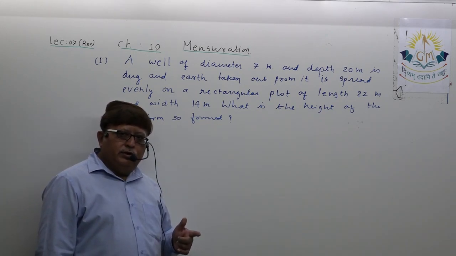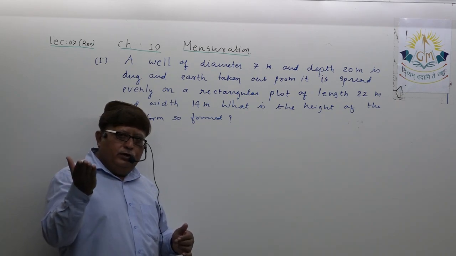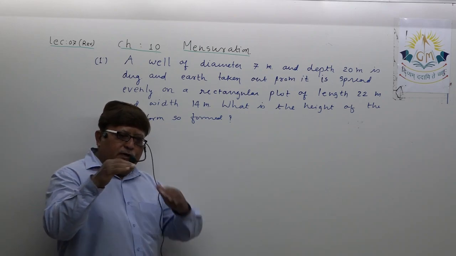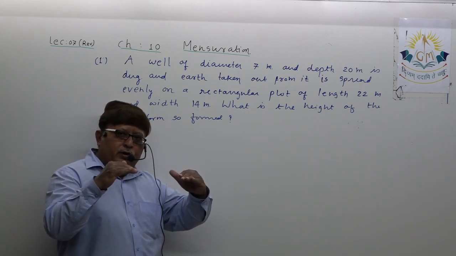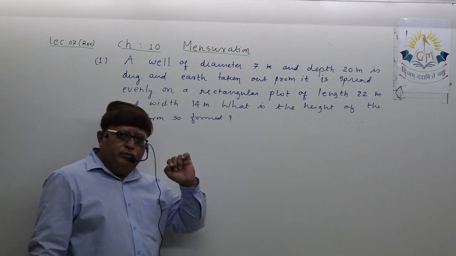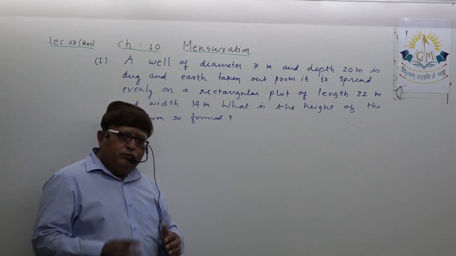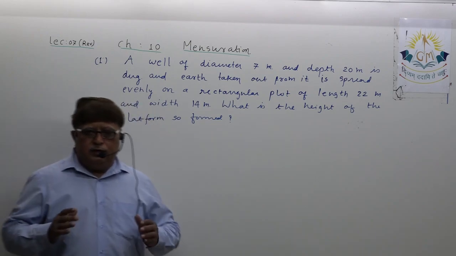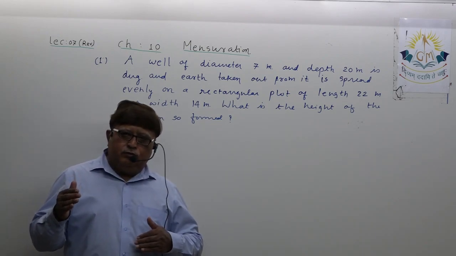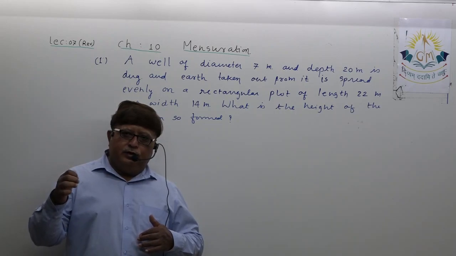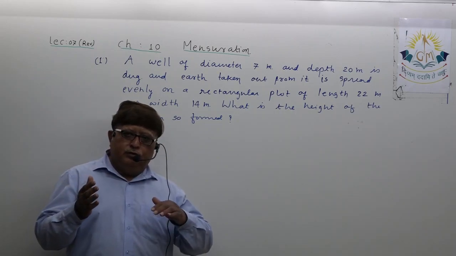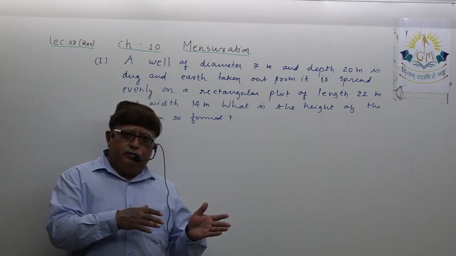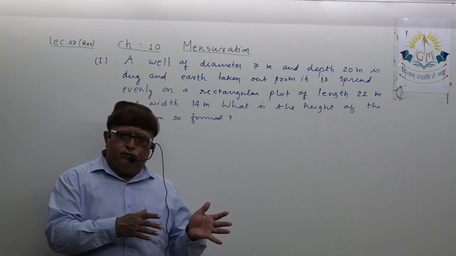Only the height to which the platform is raised by spreading the soil taken out from the well is not given. So, dear student, this is an example like this. One solid, that is the cylindrical well, is reshaped into another solid which is the cuboidal platform.